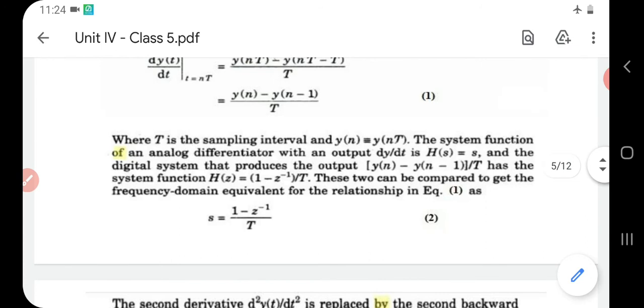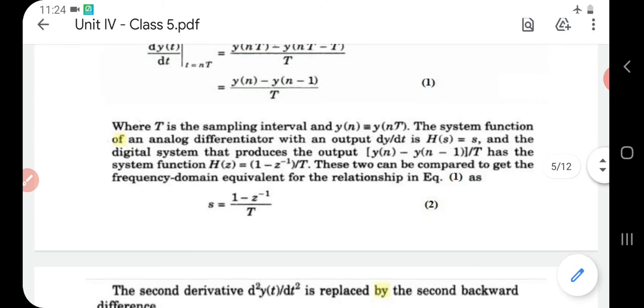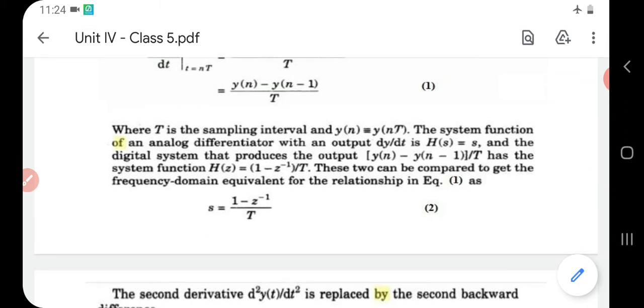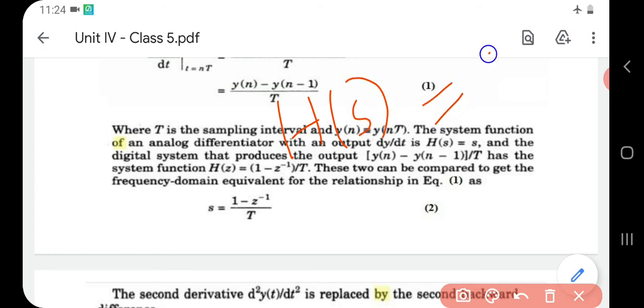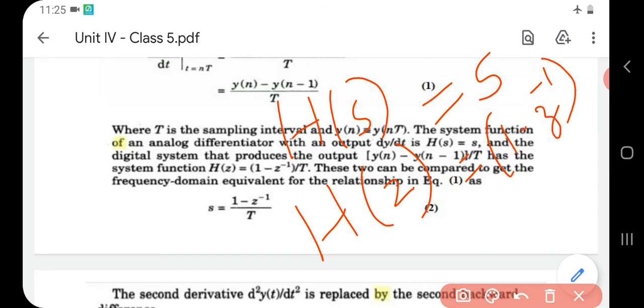The system function of an analog differentiator with output dy by dt is H(s), that is equal to s, and the digital system that corresponds to the output y of n minus y of n minus 1 by T has a system function H(z), which is given by 1 minus z raised to minus 1 by T. Now you are comparing these two, that is, the system function of the analog filter is represented as H(s), equivalent to the small letter s, whereas the system function of the digital filter, that is H(z), is represented by the formula 1 minus z raised to minus 1 by T.